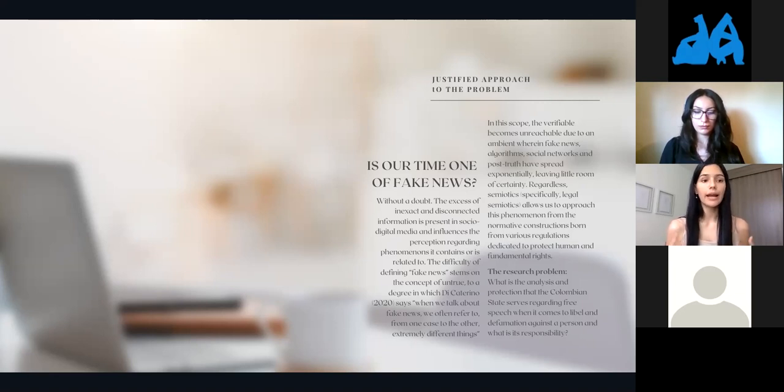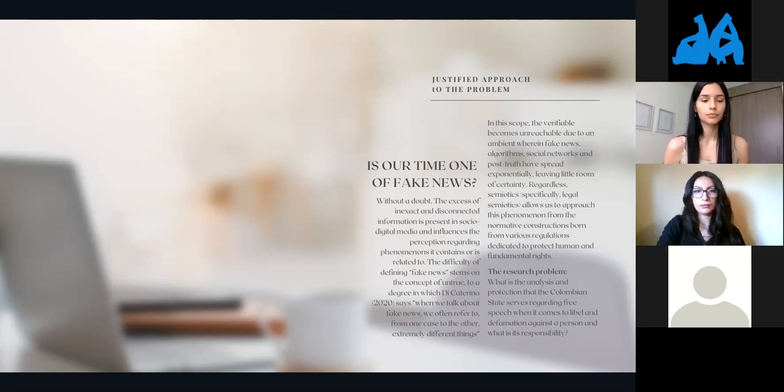Despite that, the Colombian Constitutional Court, one of our higher courts in the land, has established legal precedent regarding fake news.